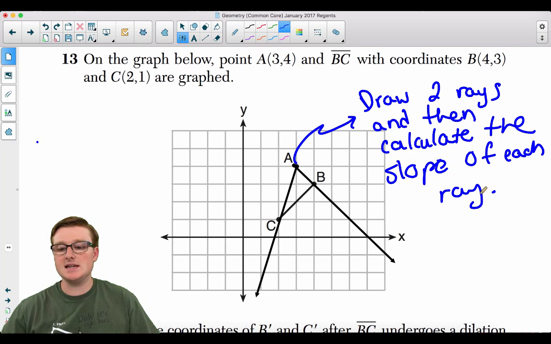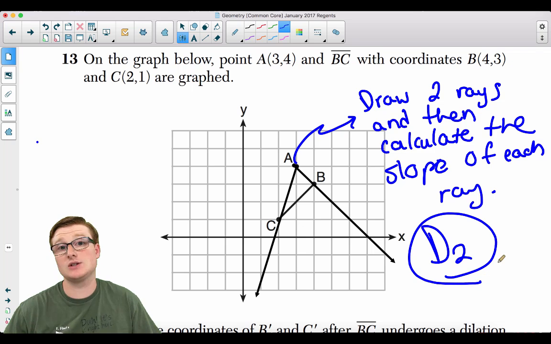And you will see that once you calculate the slope, then you have to use the dilation with a scale factor of 2 to determine those points.